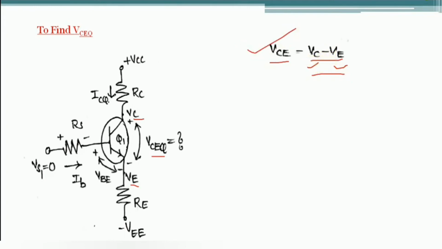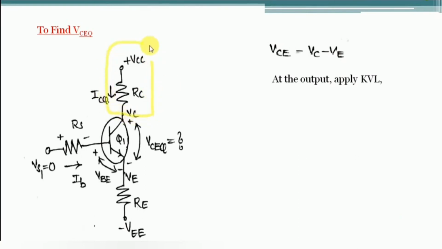In order to find the value of VC, first we have to apply the Kirchhoff voltage law at the output side. So if you observe, this is the output voltage. Okay, so one node is VCC and the second one is the voltage drop across the resistor RC, and the third voltage is VC. So if we apply KVL, then we can write the equation as minus VCC plus the voltage drop across the resistor RC, that is ICQ into RC, plus the voltage drop, that is VC.